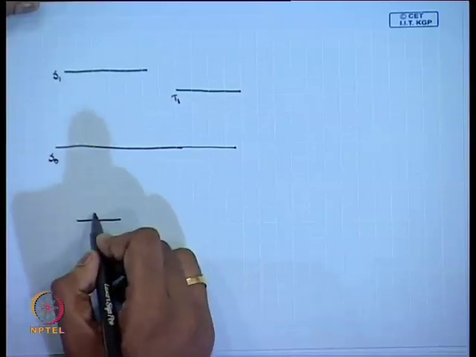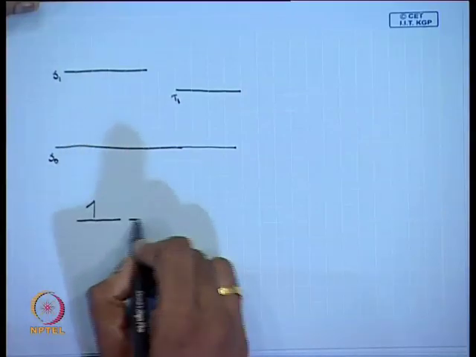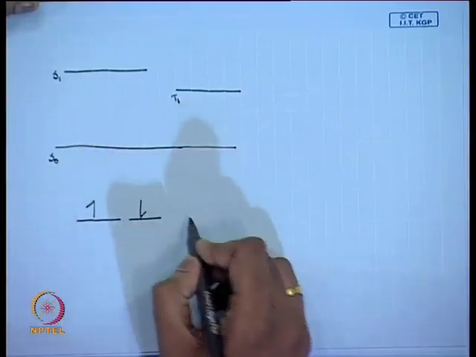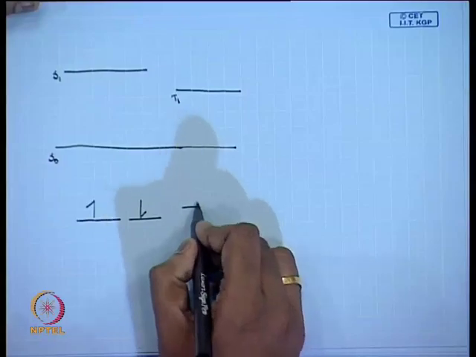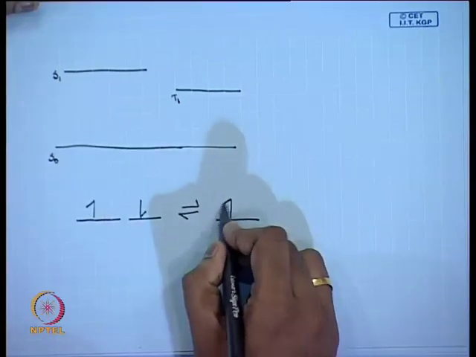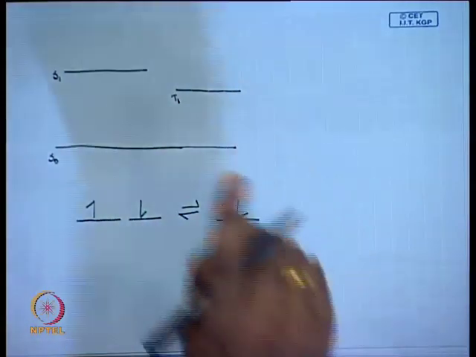What Hund's rule says is that if you have a singlet, the two electrons always try to come together. You have two orbitals with antiparallel spins, they always try to come together, and once they come together they repel away. They come together and they repel, they do not like to be together because they repel.